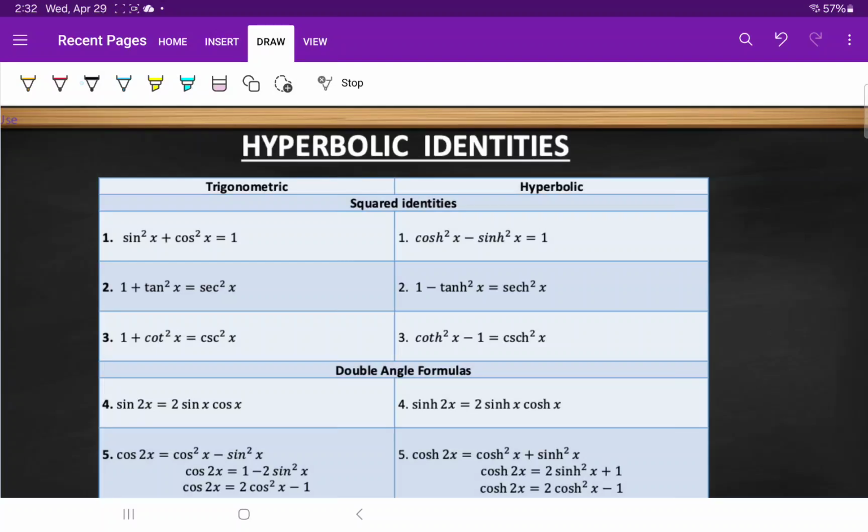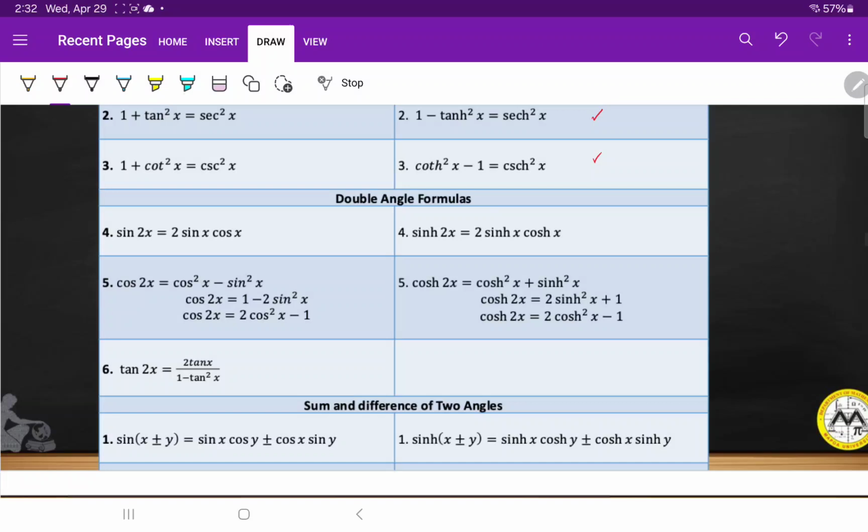So we have hyperbolic cosine square x minus hyperbolic sine square x equals 1. 1 minus hyperbolic tangent square x is hyperbolic secant square x, and hyperbolic cotangent square x minus 1 is hyperbolic cosecant square x.